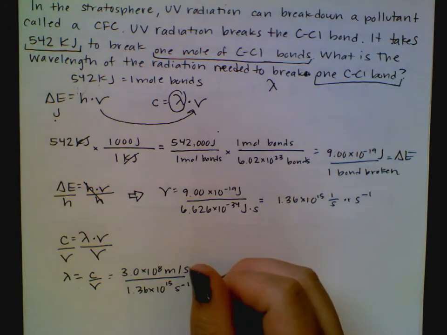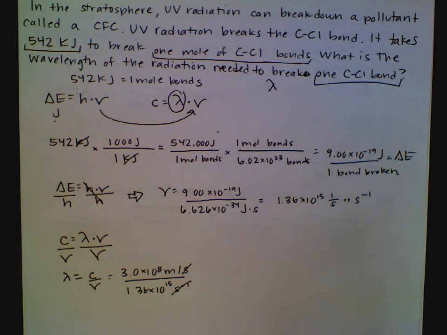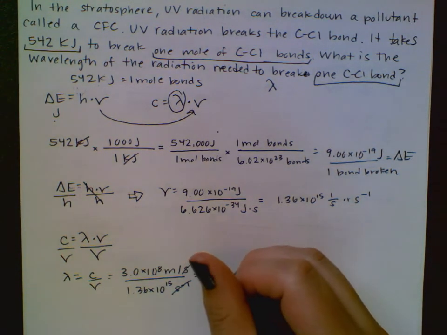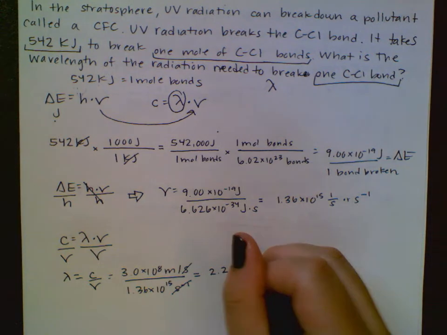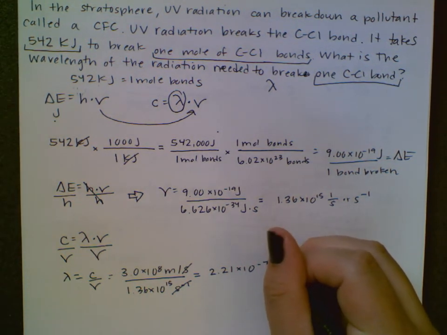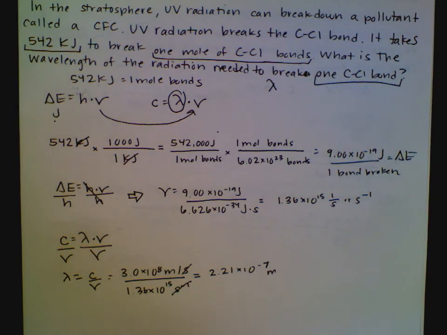So like I said, 1 over seconds and seconds to the negative 1 cancel each other out. And when I put that into my calculator, I end up getting 2.21 times 10 to the negative 7th meters for my wavelength. If it's not specific, you don't have to put it into nanometers. And in this case, it's not. So we can just leave it like this.